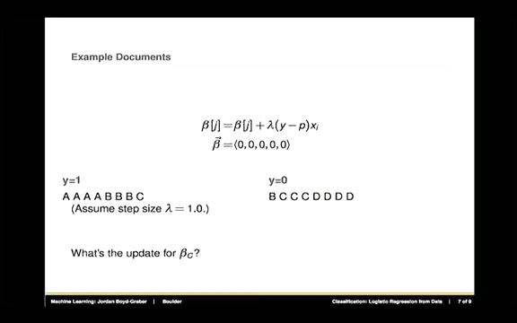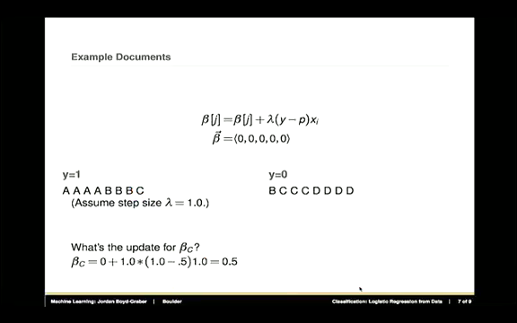Okay, and now let's do beta C. 1/2. So that's 1 minus 1/2, which is 1/2. And what is xc? 1. Only one of them. And so 1 times 1/2 times 1 equals 1/2.